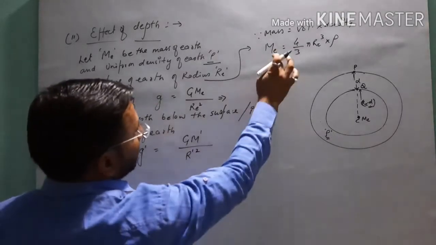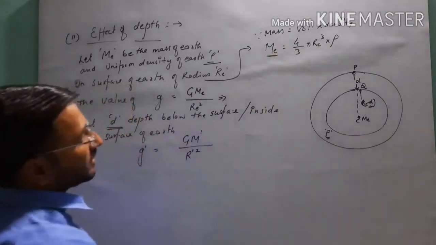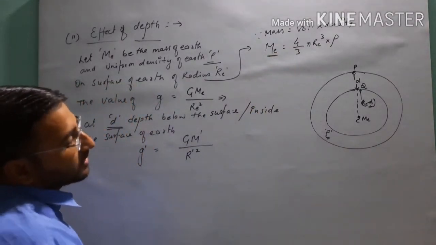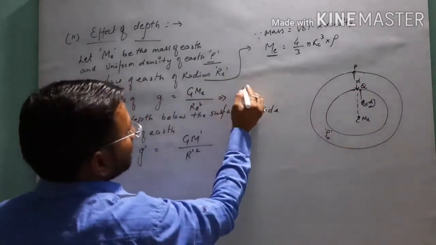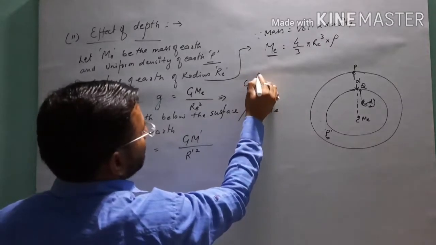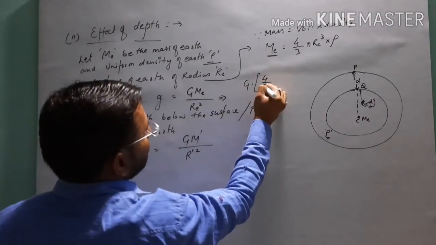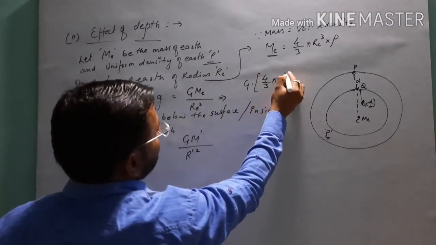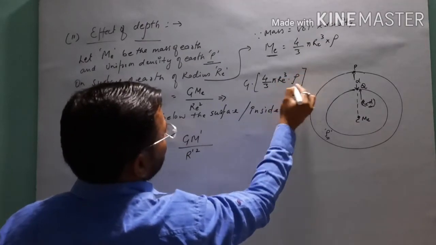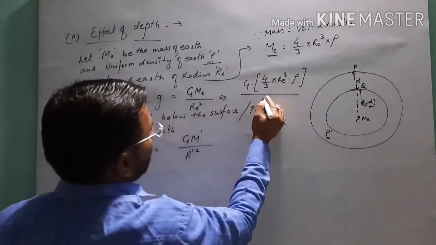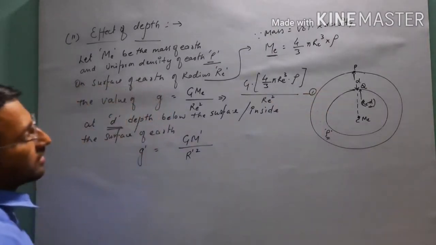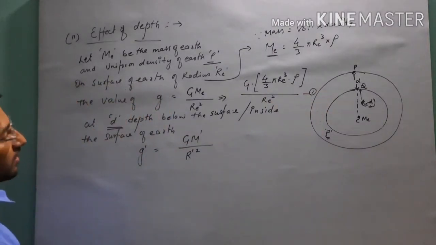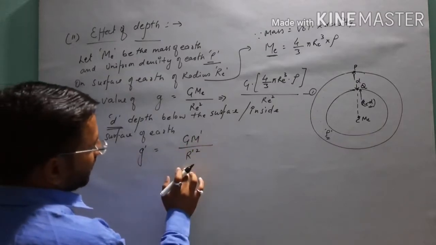Now we can substitute the value in g: in place of Me, we can write 4 by 3 pi Re cube rho upon Re square. This is your equation number 1 after updation. Now g dash is equal to M dash over this.